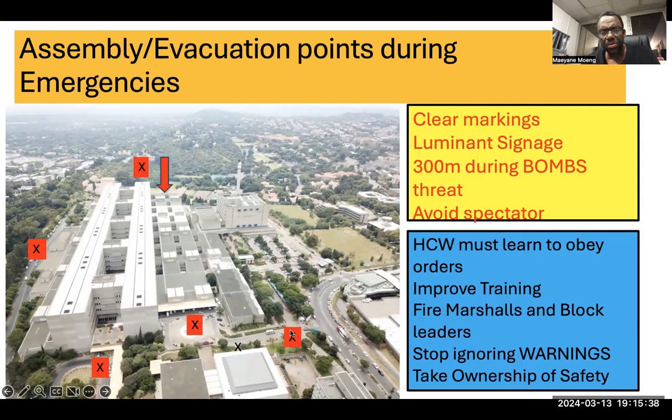Let's start in the front of the hospital. Those that are in the administration building, when they evacuate across the entrance of gate number 6, and that is where it is marked.